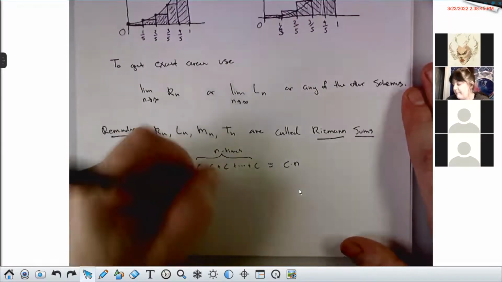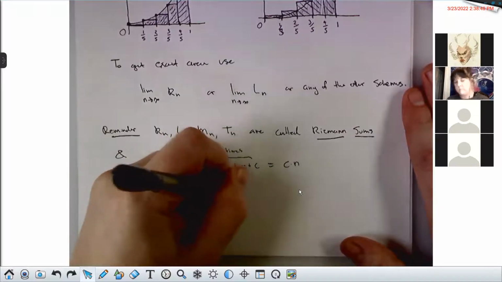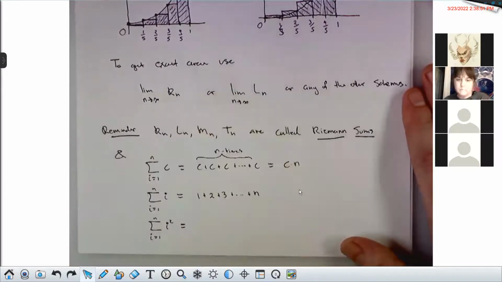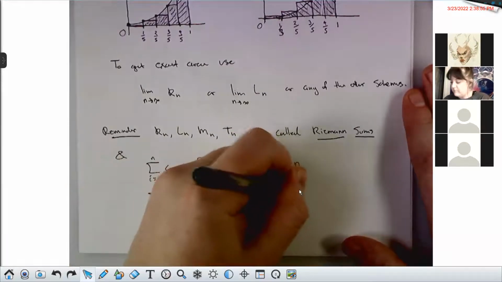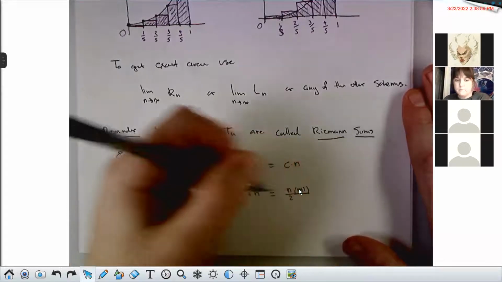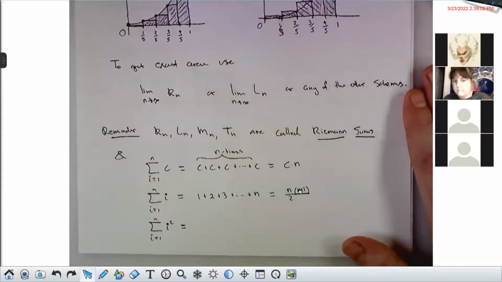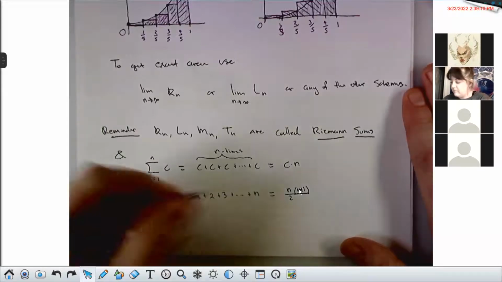If you add up the first n integers, so 1 plus 2 plus 3 plus, out to n, this always comes out to n over 2 times n plus 1. And most people write it as n times n plus 1 over 2. A very young person proved this. Baby Gauss, little Gauss, when he was in like 2nd grade, proved that.